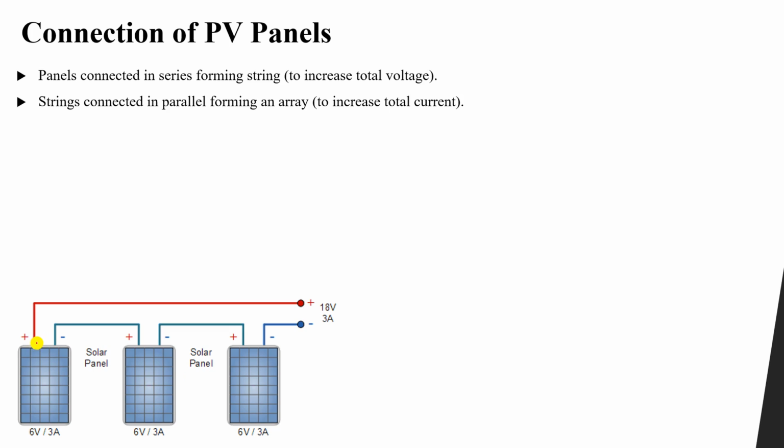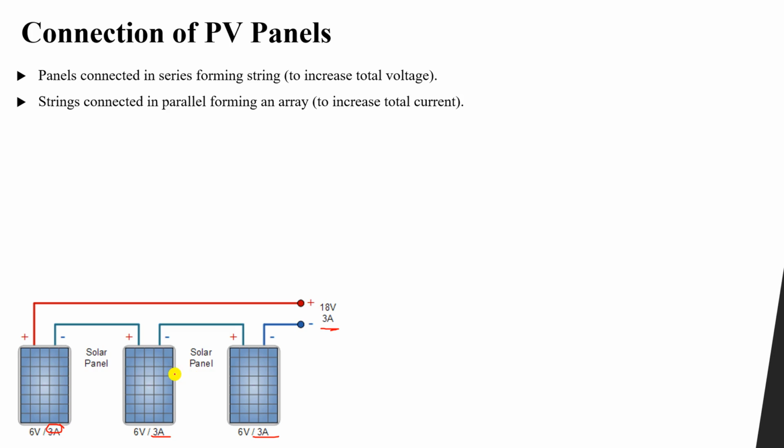Now you can see that each panel has a positive and negative terminal. Positive, negative, positive, negative. Now when these panels are connected negative with positive, negative with positive, it means that these panels are in series. So since they are in series, the output current will be the same, 3 ampere, same current. But the voltage will be the summation, 6 plus 6 plus 6, which is 18 volt.